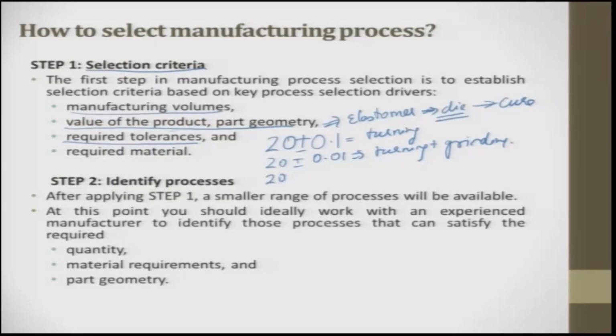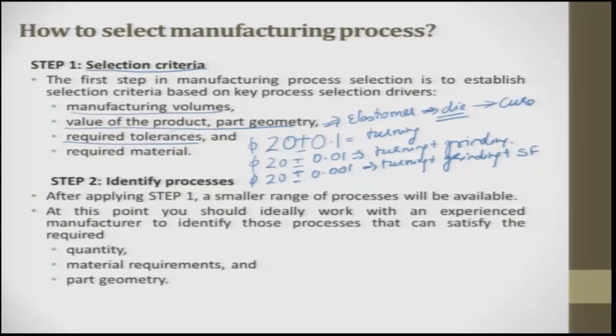If I say 20 plus or minus 0.001, I will do turning, then I will do grinding, and then I will also do one another surface finishing process to get the output. So, look at it, it is all diameter of a shaft. So, you see, only by varying the tolerance, I add processes to whatever it is, right.